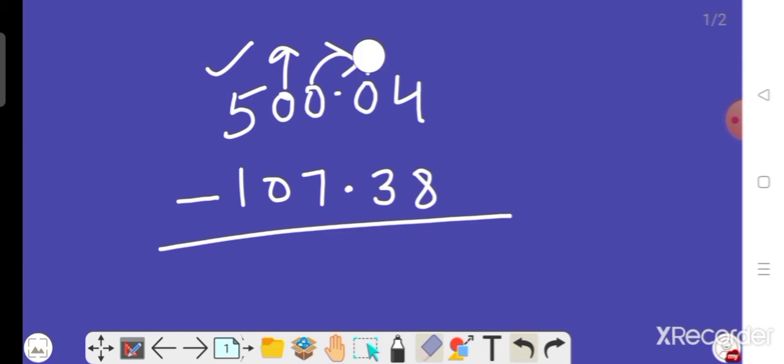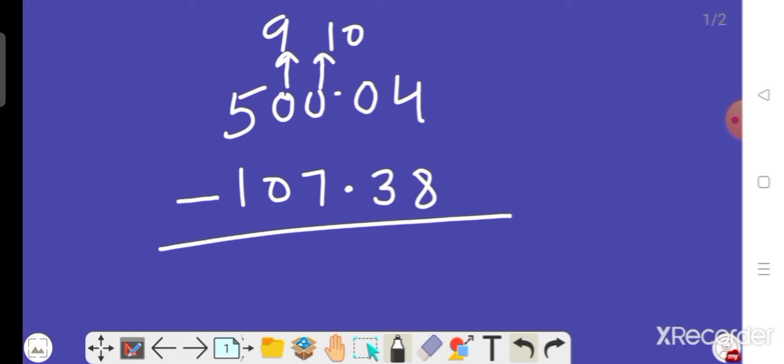After taking carry from 5, this 0 will be converted into 10, and this 0 takes carry from this and is converted into 10, and after giving carry to the next 0, this 10 will become 9, beta.